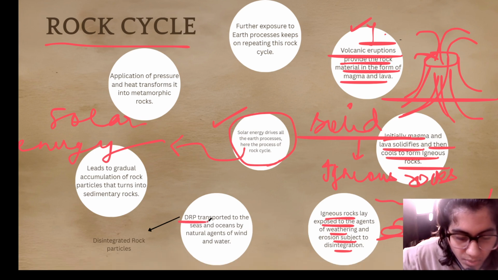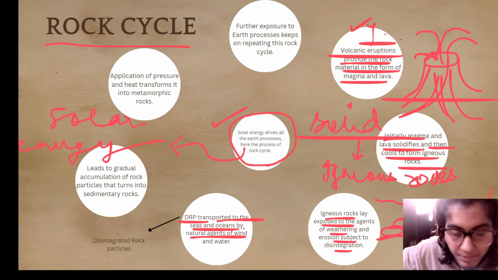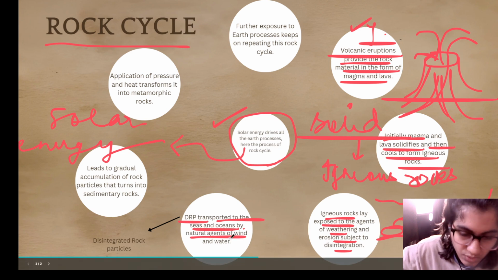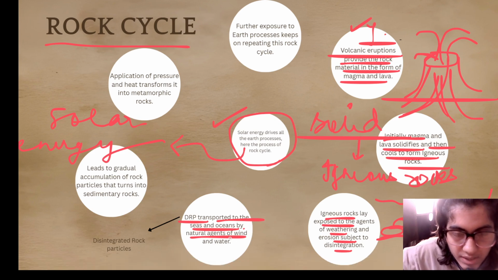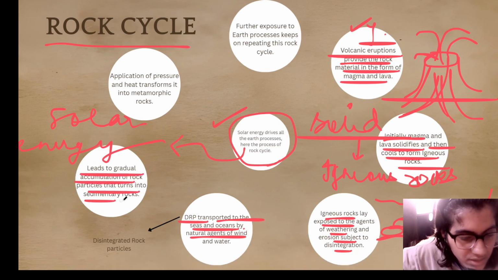DRP, disintegrated rock materials, are transported to the seas and oceans by natural agents of wind and water. So again, by wind and water, these disintegrated particles are transported to the seas and oceans. What happens in the seas and oceans?